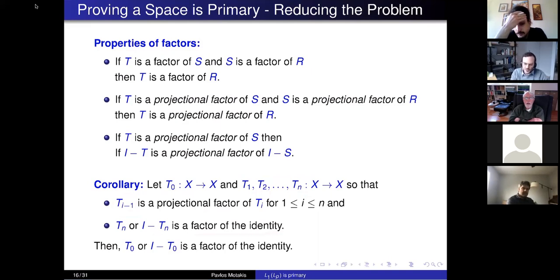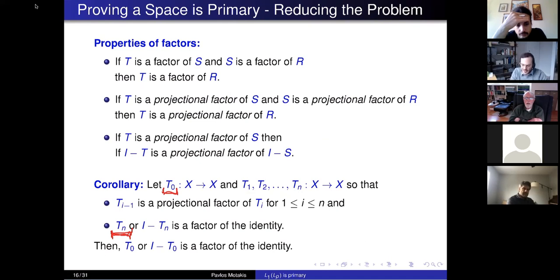And the proof, I don't want to write it down, but let me just say it out. This is very simple. If we assume that Tn is a factor of the identity, then because being a factor is a transitive property, the identity is a factor of T0, because I pull this back step by step through all these operators which are factors of one another, at least in a forward way.